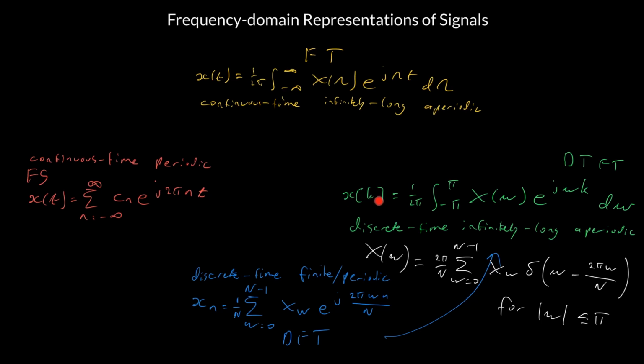So if we take X of k, sample it in the frequency domain, then we end up with a finite number of terms, call them x0 to x capital N minus 1, and if we then use this inverse discrete Fourier transform to get a representation of our signal, we find the relationship between this signal and this signal is given by our standard way of converting an aperiodic signal into a periodic one, which is taking this signal and adding to it copies of this signal shifted forwards and backwards by an appropriate amount and added together.